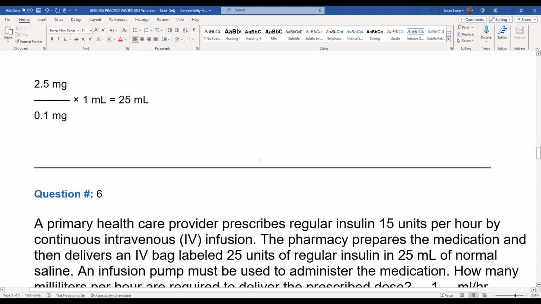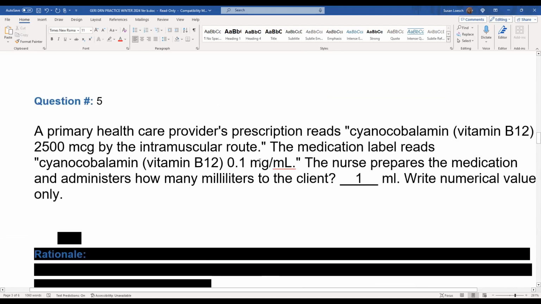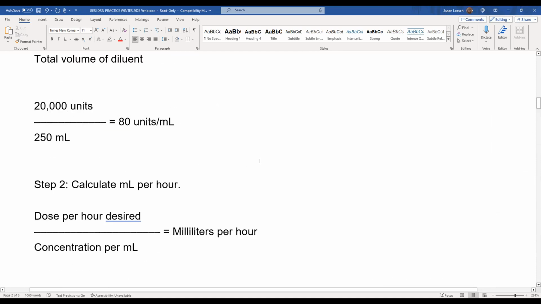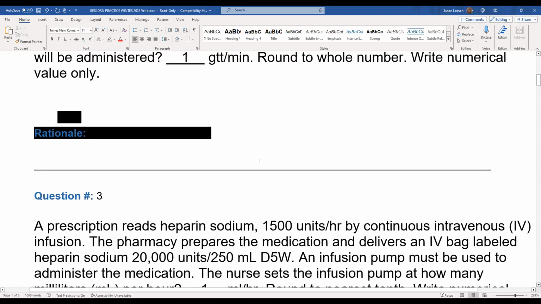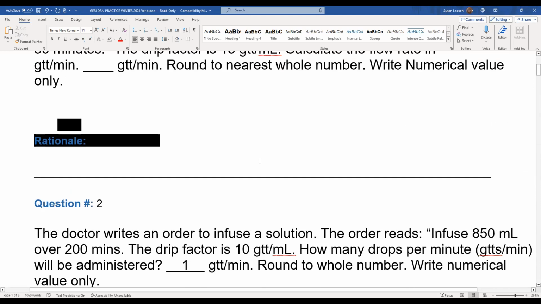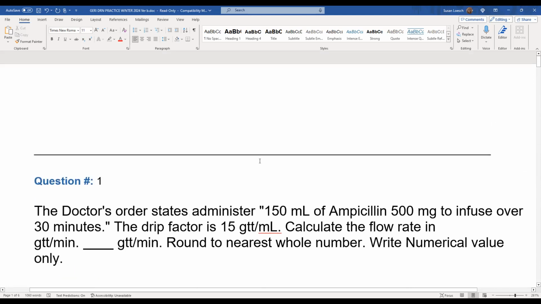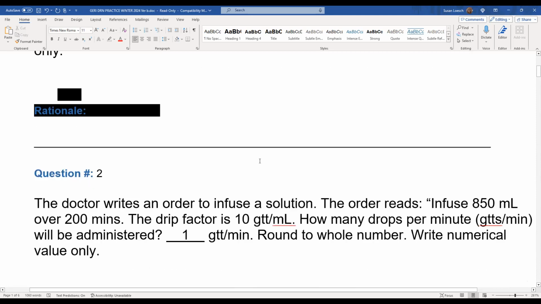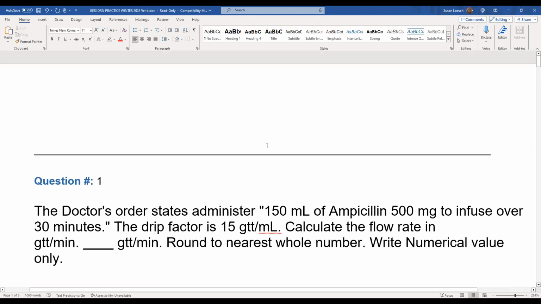Okay, how we feeling with those? We good with those? I can make another one up if not. They good. Okay.